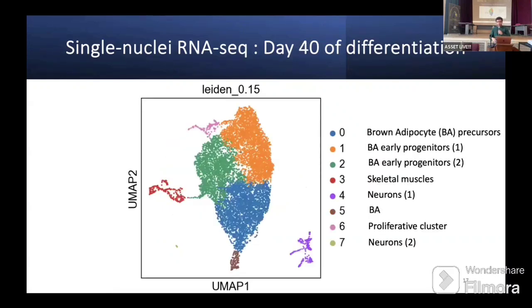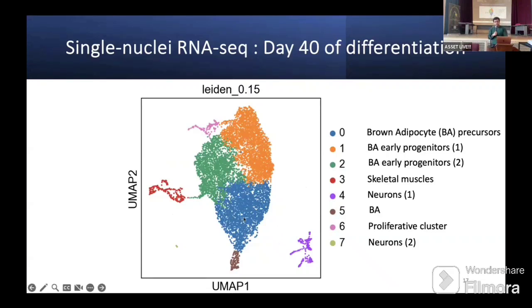At day 40, the cells are more engaged toward the brown adipocyte lineage. We have two massive clusters of precursors, cluster number 1 and cluster number 2, that also display fibroblast features. Those two clusters will differentiate into the cluster in blue, cluster number 0, which expresses already very clear markers of brown fat differentiation, as for example PPAR gamma, PGC1a.